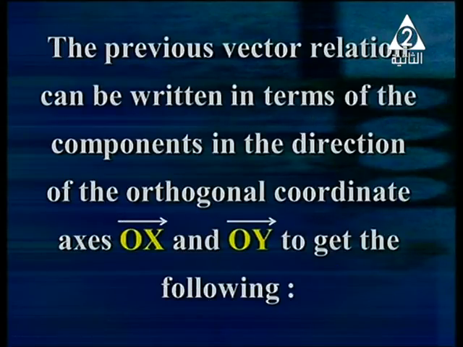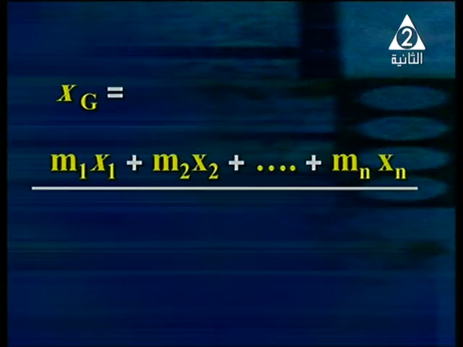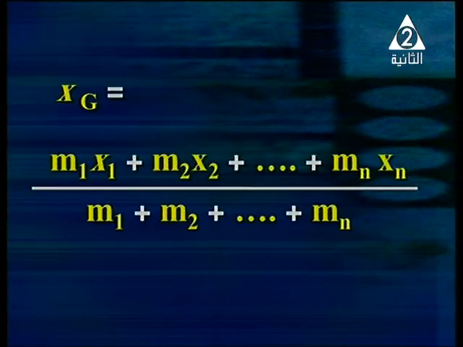The previous vector relation can be written in terms of components in the direction of the orthogonal coordinate axes Ox and Oy to get the following relation. Dear student, look, xG becomes m1 x1 plus m2 x2 plus up to mn xn over the sum of masses m1 plus m2 up to mn.